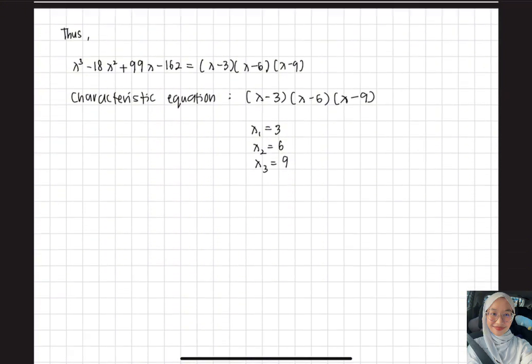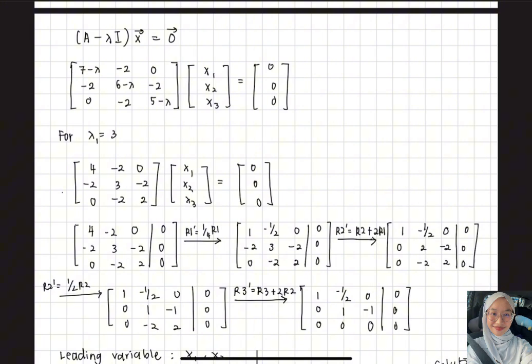Okay, so the characteristic equation is lambda minus 3 times lambda minus 6 times lambda minus 9, and the eigenvalues are lambda 1 equals 3, lambda 2 equals 6, and lambda 3 equals 9. Next, to find the eigenvectors, use A minus lambda I times vector x equals the zero vector.